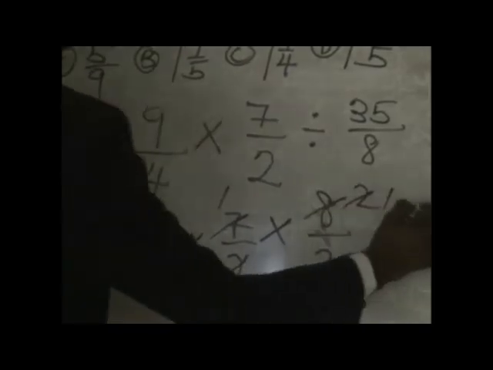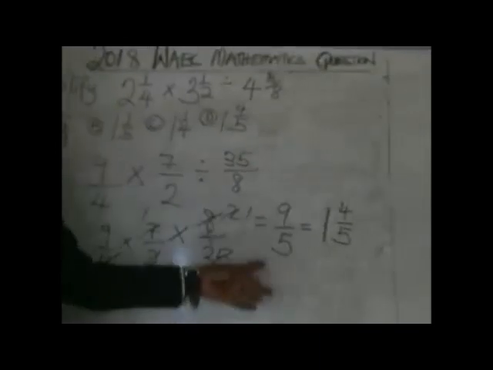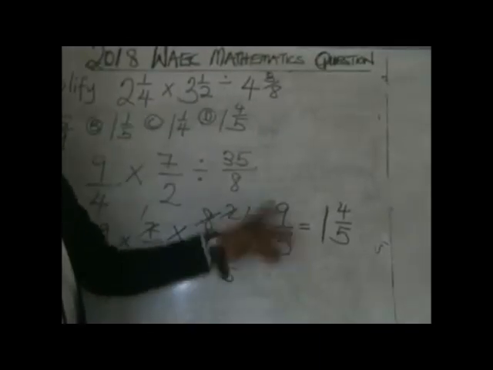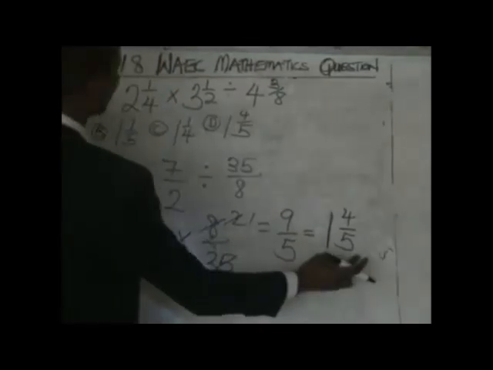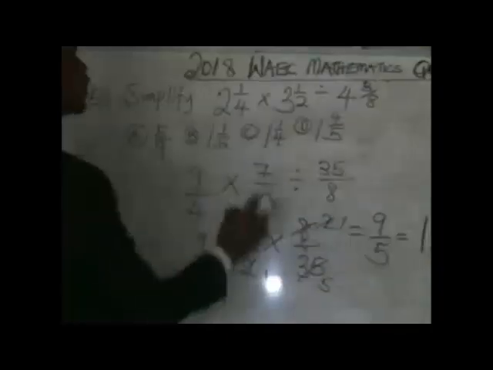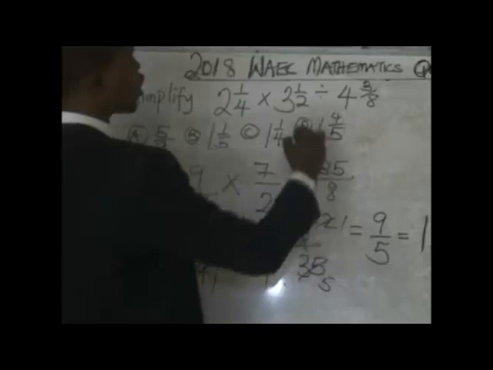So what is left is 9 over 5. So 9 divided by 5, how many times can 5 go into 9? One whole number 4 over 5. So 1 whole number 4 over 5 becomes the expression from this simplification, and our correct option is option D.